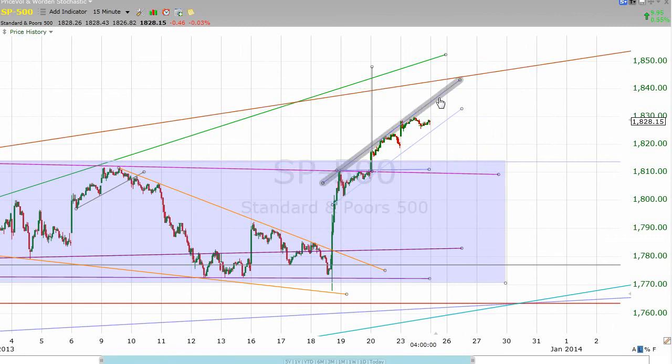Now, we could make it tomorrow if the S&P wants to power up over this line. But I'm saying if this resistance line does what it's done in the past, there's room for us to get to that target area in roughly the next 5 or 6 sessions.